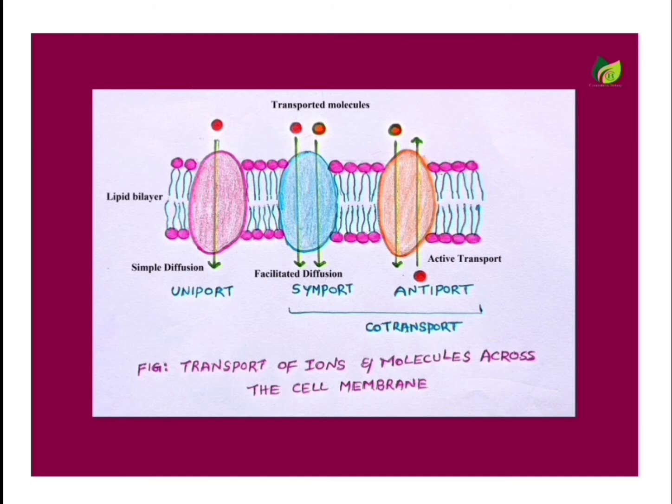Look at the figure carefully. The first one shows the uniport type of transport. Uniport is the transport of a single substance in one direction.